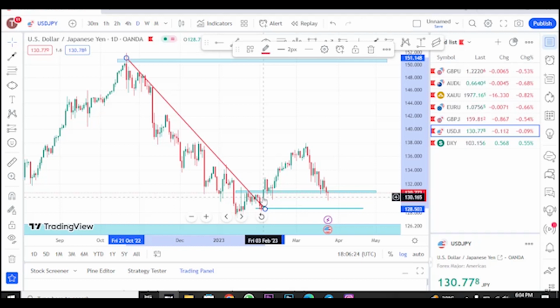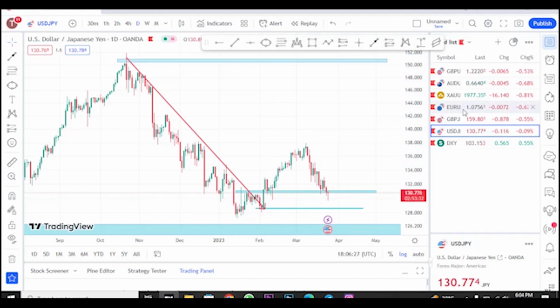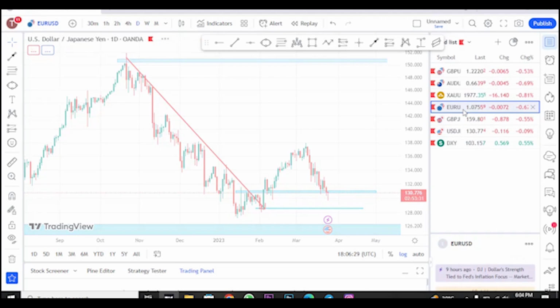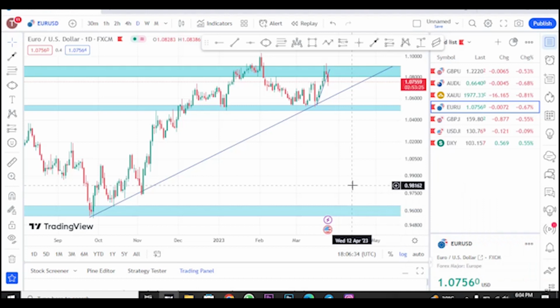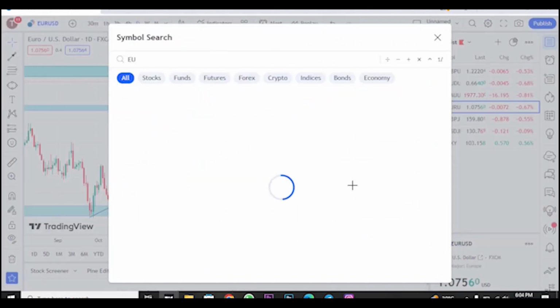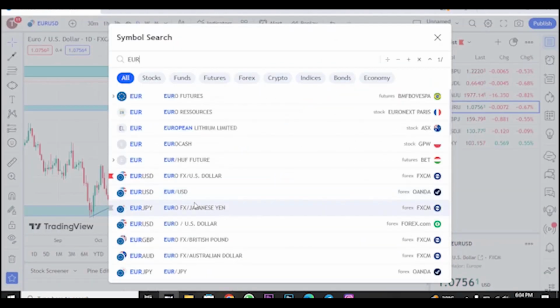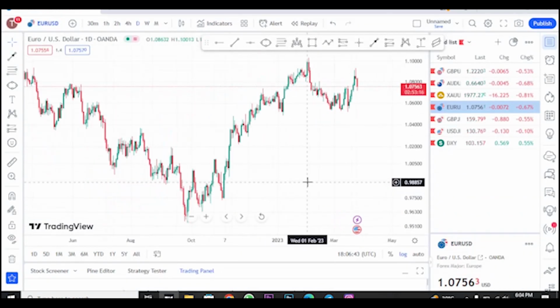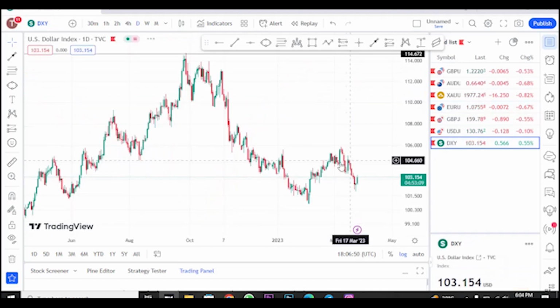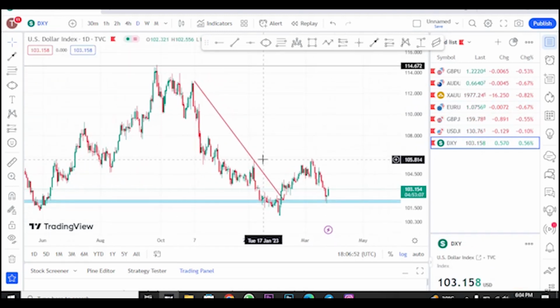Vice versa, when the US dollar is a quote currency in another currency pair. Here I'm just gonna be using the DXY to explain everything, so I'll be going back and forth.